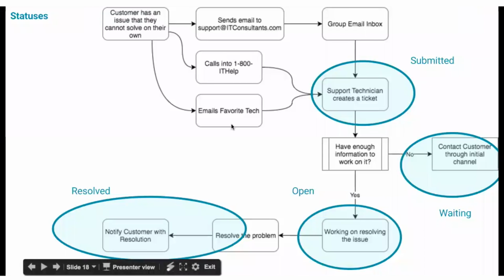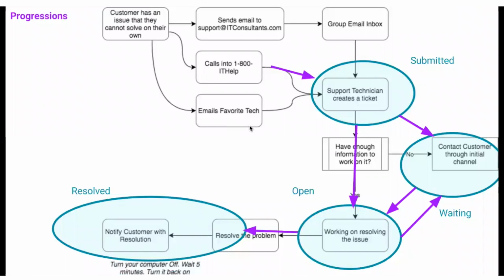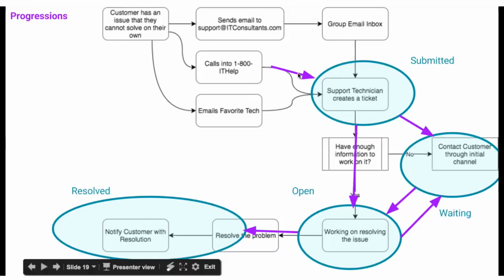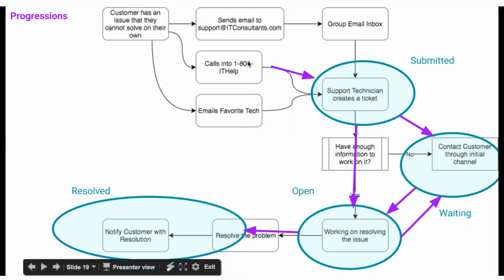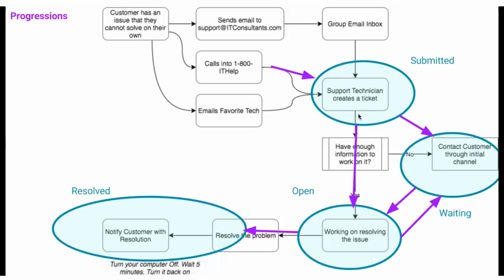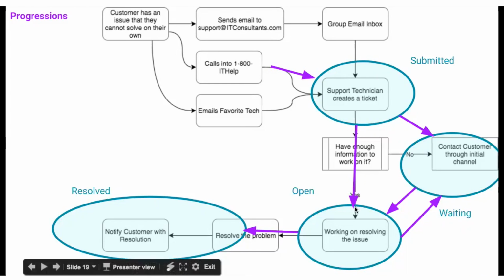The next step in defining my business process workflow is connecting the dots, I like to think of that as. And the dots, or the lines in between each of these phases, are what we call progressions. So for example, when a new ticket comes in, the progression would be moving it to submitted. Or when a support technician or someone on our team starts working on a ticket, we will then progress it or move it between submitted and opened.